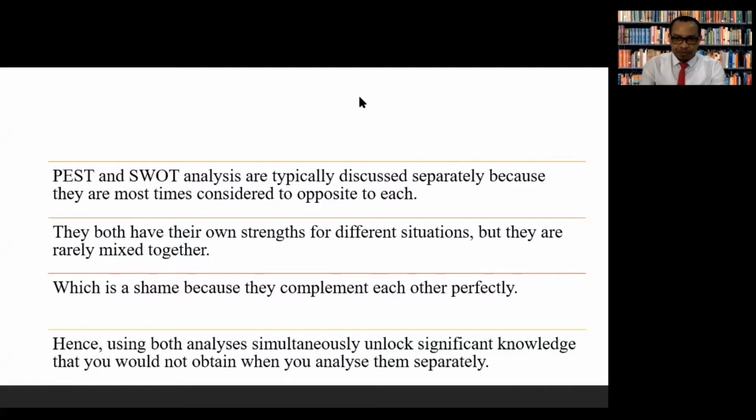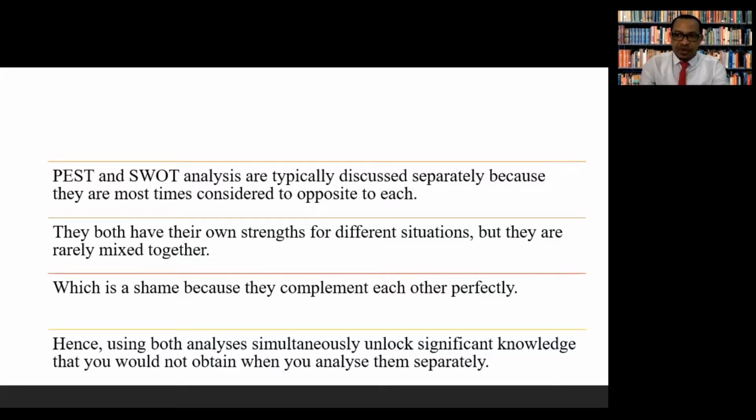PEST and SWOT analysis are typically discussed separately because most times they are considered to be opposite to each other. They both have different strengths used for different situations, but they are rarely mixed together in our analysis, which is a shame because the two of them actually complement each other perfectly.